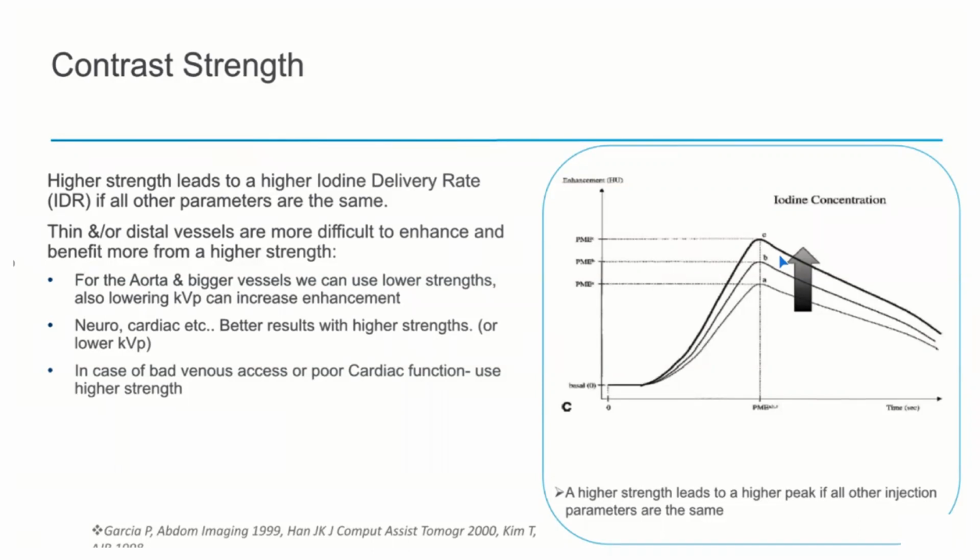So thin and distal vessels will benefit from a higher strength contrast, and also if the patient has poor cardiac function or bad venous access where flow is reduced, we could find some benefit in this case as well. Remember that for larger vessels such as the aorta, it may be okay to use a lower strength of contrast and maximize this by lowering the kV where possible.